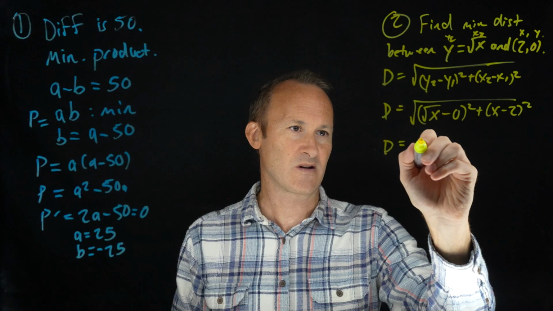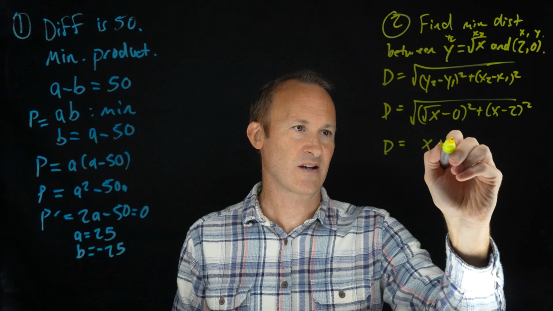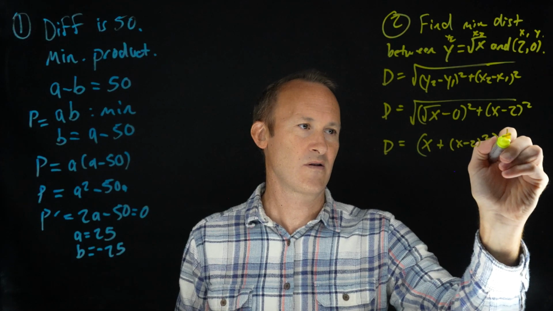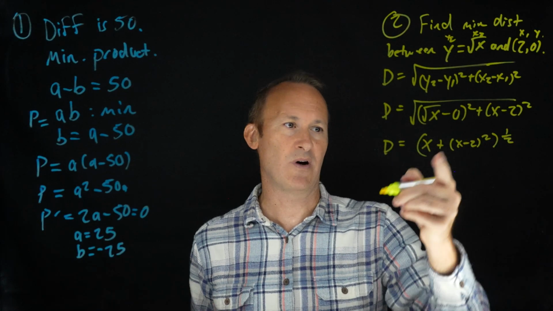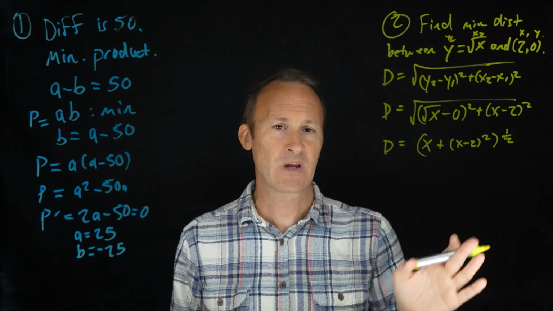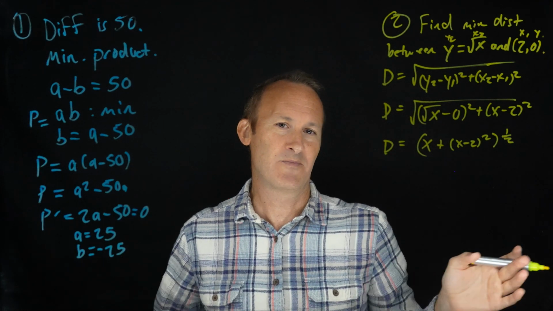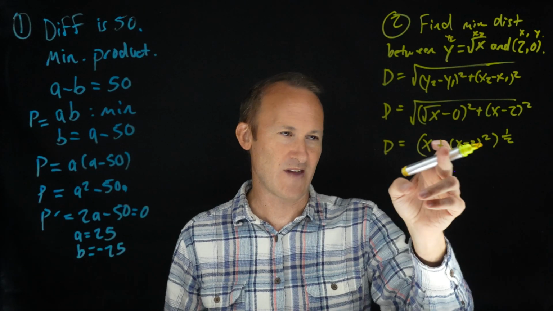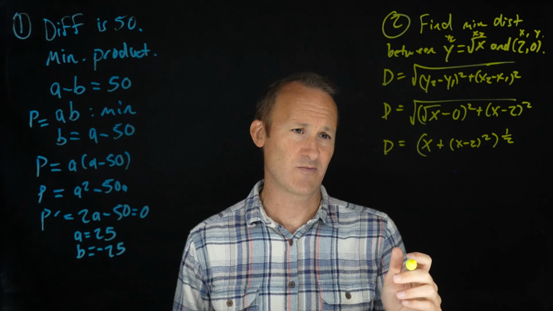So it becomes x plus x minus 2 squared, all to the 1/2. You might be tempted to multiply out this x minus 2 squared, and you certainly could. I'm not going to, because it's nice to do with the chain rule. It's not hard to take that derivative, and I think it's a little more work to multiply it out.